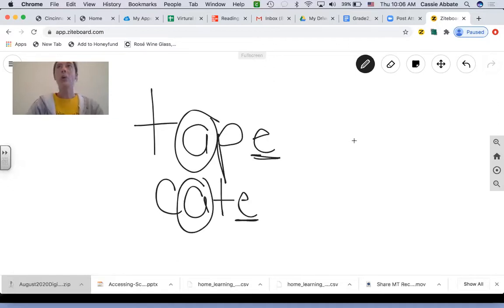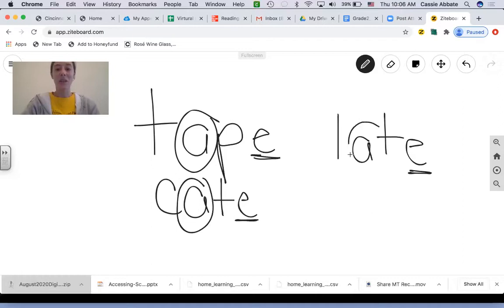What about, let's do lat. So remember, you're going to be writing these words down with me, and I hope that you're saying them out loud. Lat. So if I add that silent E at the end, what is that new word? Late.